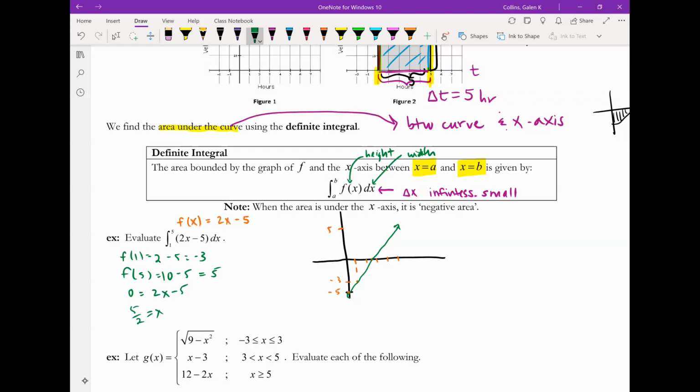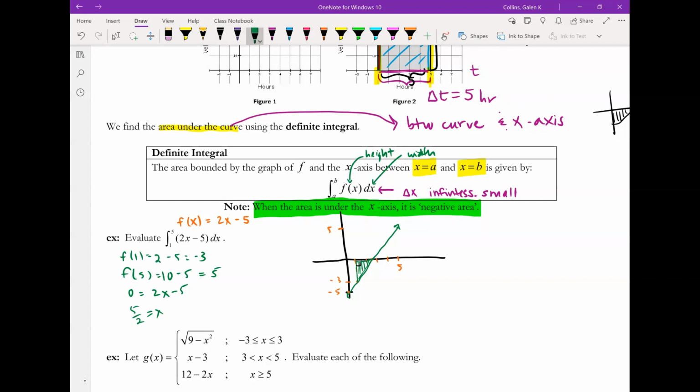So if we're finding the area, I'm going to back up to the note under the box under definite integral. When the area that we're finding is beneath the x-axis, we're going to consider it negative area, and that'll be really important going forward. So as we calculate the area from 1 to 5 between the line and the x-axis, I notice that from 1 to 5/2, the area is beneath the x-axis, and it makes a triangle.